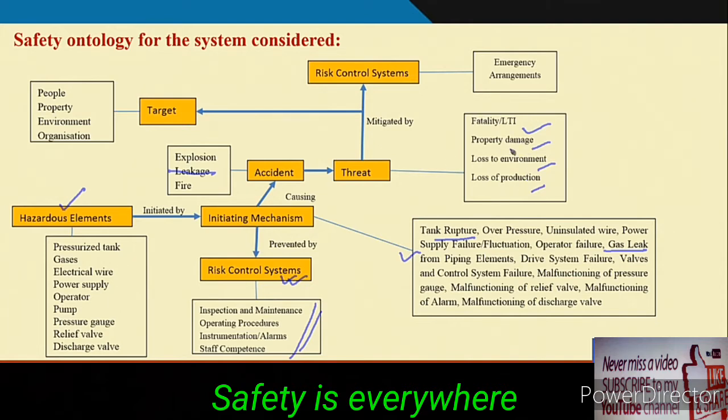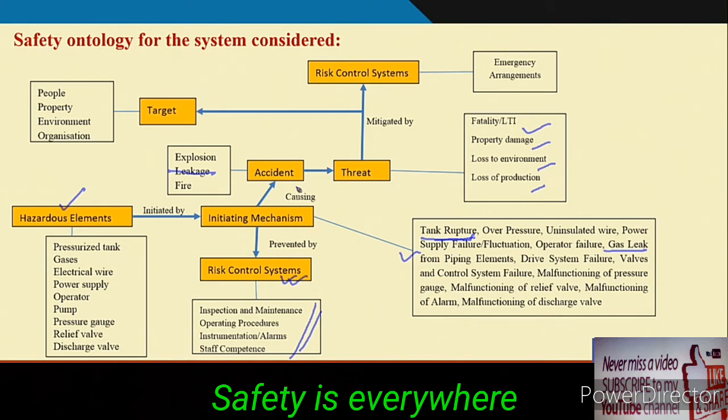These threats sometimes in hazard triangle, explosion and fire also, we brought under target and threat, but in the accident path, what is the additional thing we are trying to tell, that you just find out a particular type of accident, what is happening there. So, there is no hard and fast rule that you cannot say tank rupture is an accident. If tank rupture is an accident, you can write tank rupture is an accident, but again explosion also can be an accident.